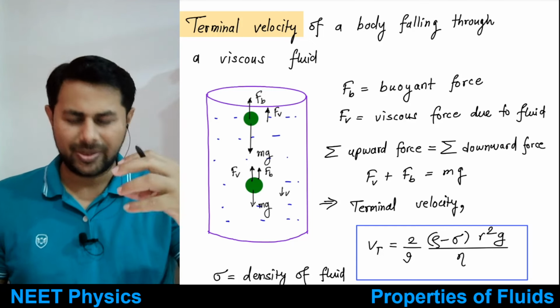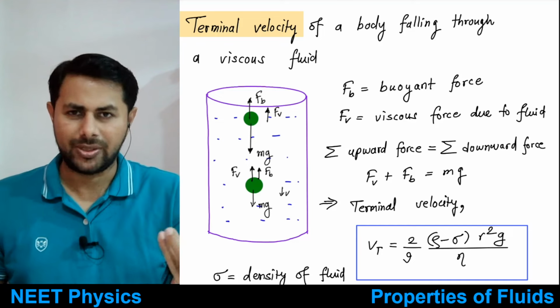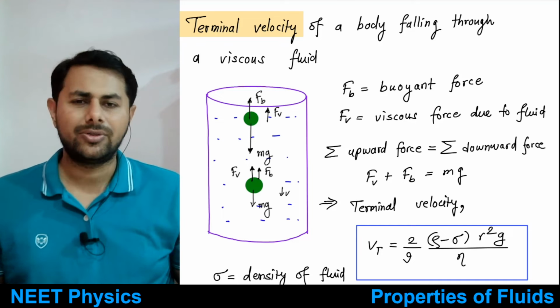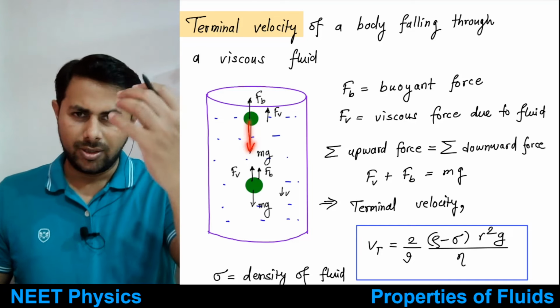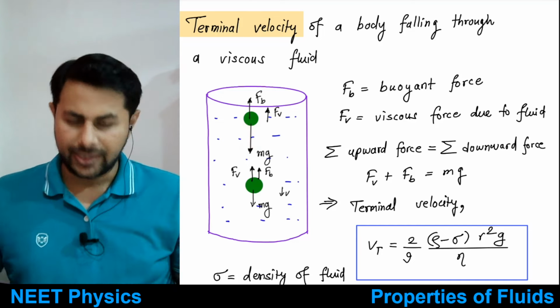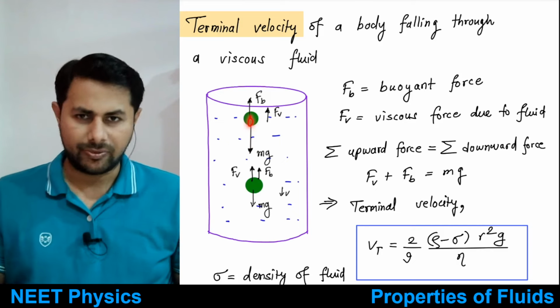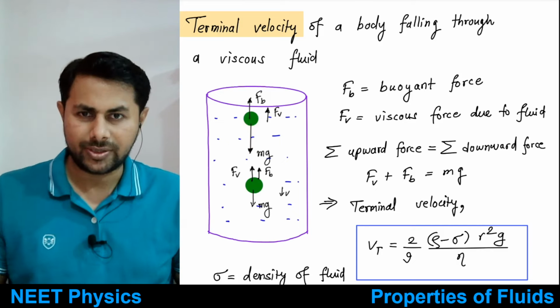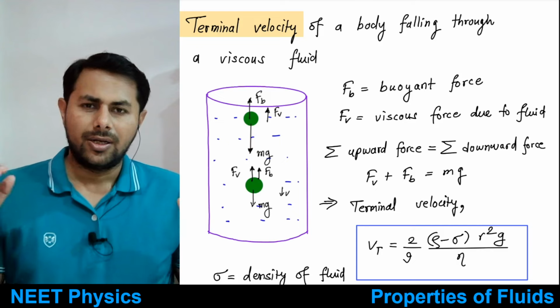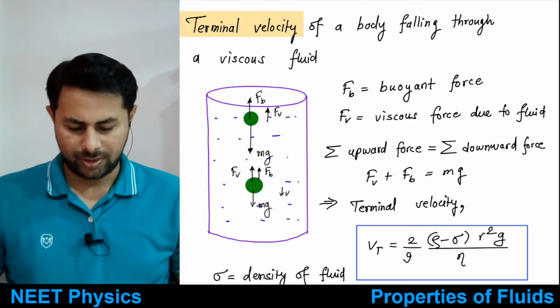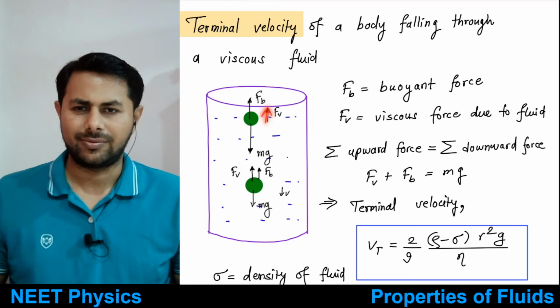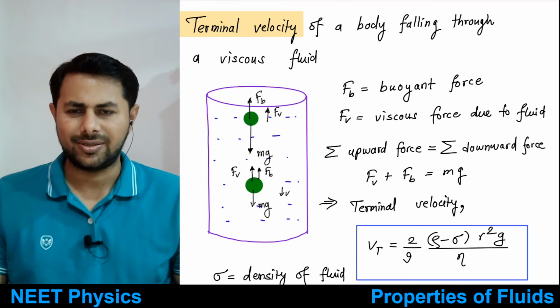But if it is an object heavier than the fluid, meaning an object whose density is more than the fluid, then it will move down, right? And once it moves down and attains some velocity, the viscous force will also begin to act on it. It will also resist its motion. Is this clear? Yes, no?